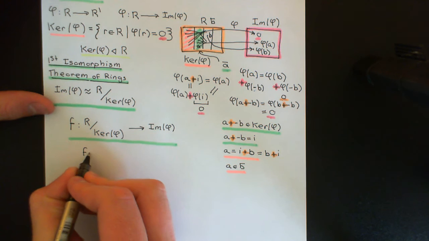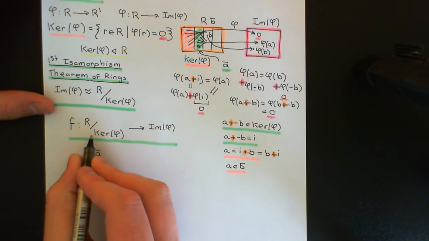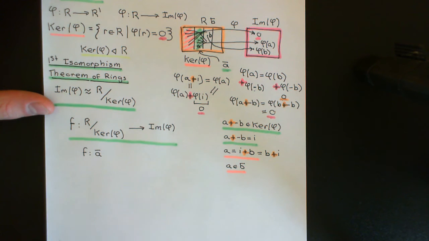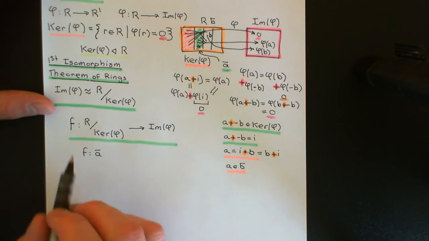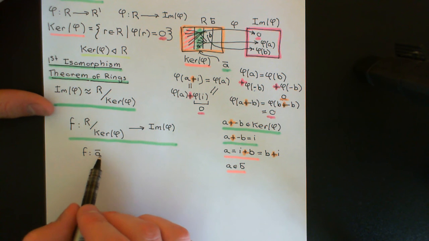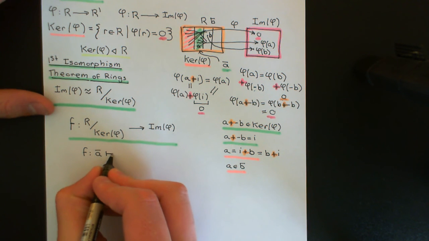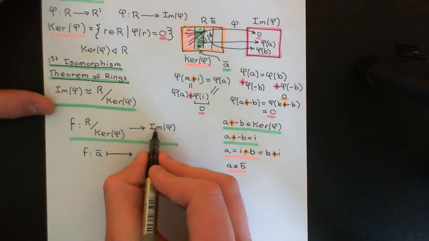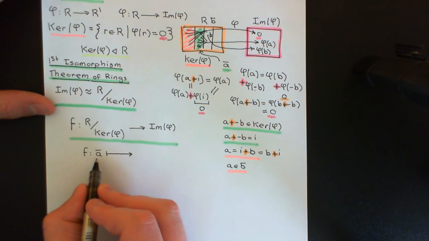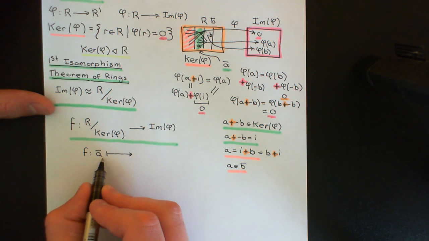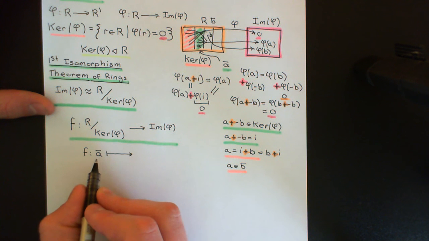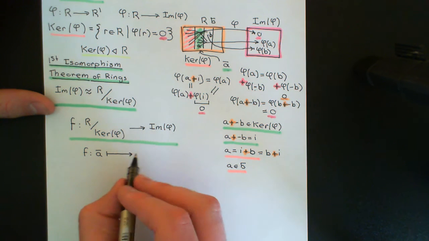So it's going to take any coset, remember the elements of the quotient ring are cosets, so it will take a coset A bar, and it will quite simply map it onto the element in the image of the homomorphism which all the elements of that coset are mapped onto. Remember, all the elements of a coset are mapped by the ring homomorphism onto the same element in the image of the homomorphism, so we're going to map this coset onto that element.